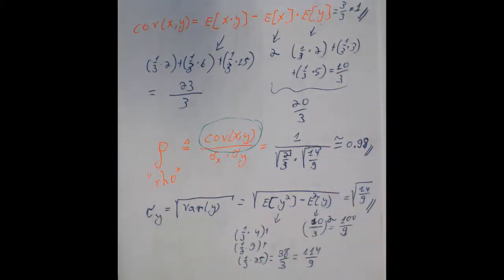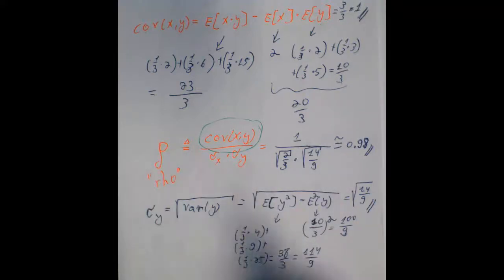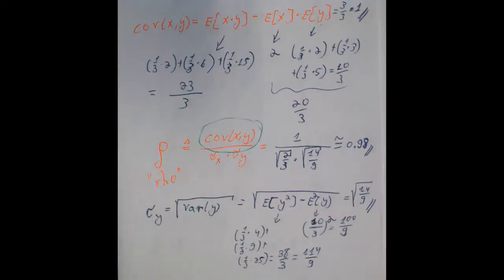But on top of that, rho, the correlation coefficient, now tells us the magnitude of this correlation, and the answer is 0.98. This means that the correlation coefficient is very, very strong. Why?